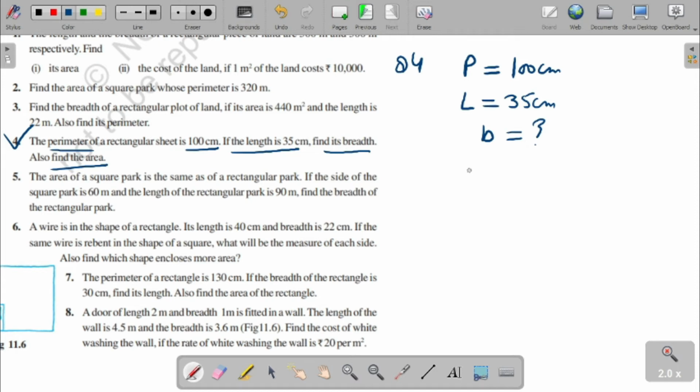So the formula for the perimeter, we know, is 2 bracket L plus B. Or you can write this way also, twice L plus B equals the perimeter.